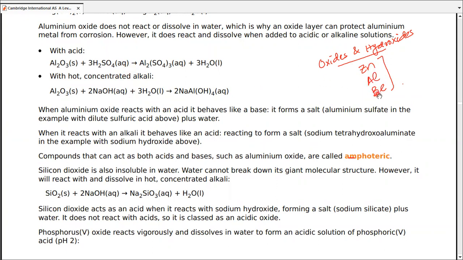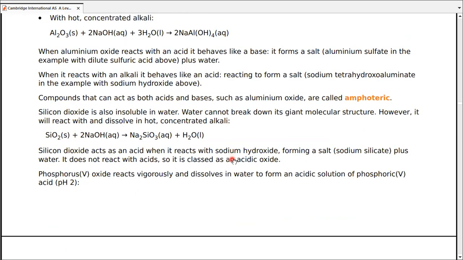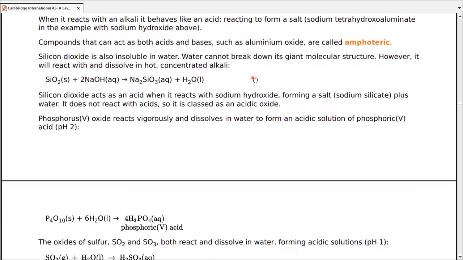That's why these examples have been considered, because only aluminum oxide has been done over here. We have six oxides and hydroxides which are going to act amphoteric in the same way. So you should be capable of writing or coming up with the equations in the same way.